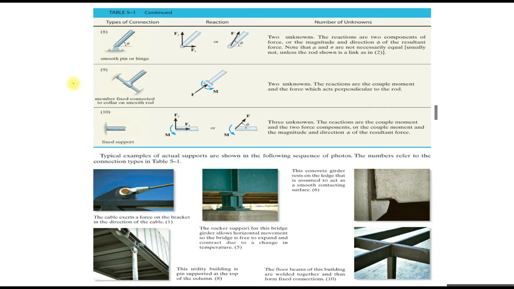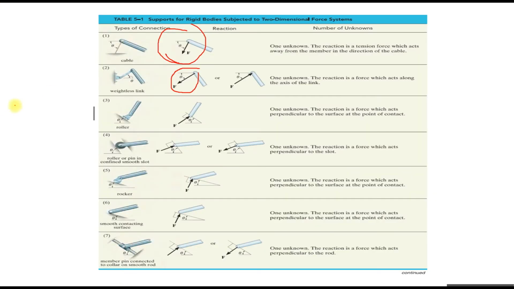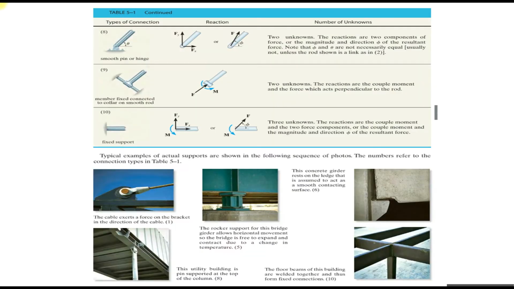So the rule of thumb here is that if you look at all of these types of connection and reaction, you will see that if a particular connection inhibits or does not allow a movement, either translation or rotation, then the reaction force exists.